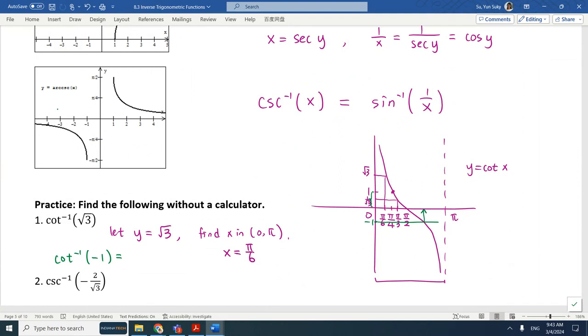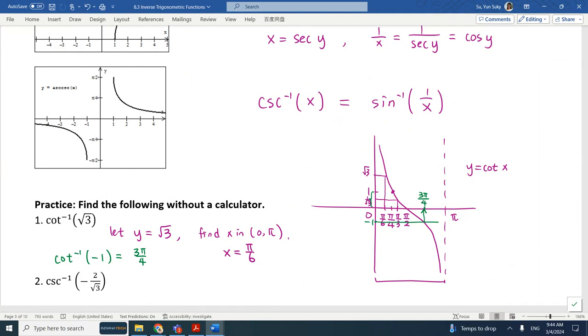Do you see this is about the middle? The middle is 3 pi over 4. So -1 gives you 3 pi over 4. And if I ask you about arc cotangent of -√3, it would be -√3 here. So this corresponds to what?